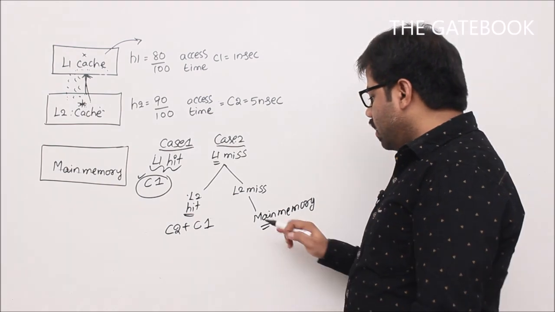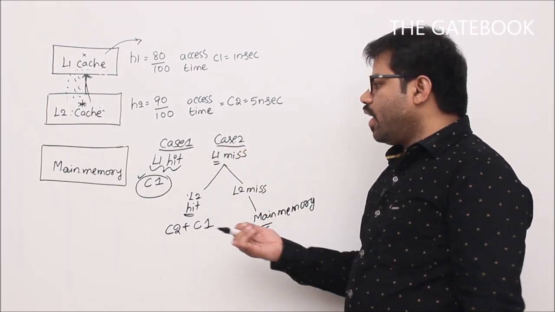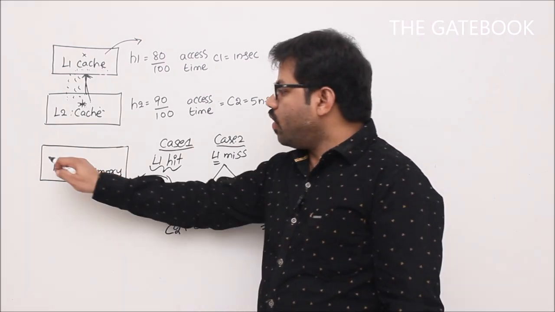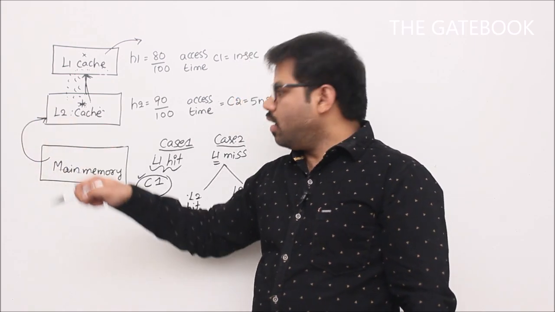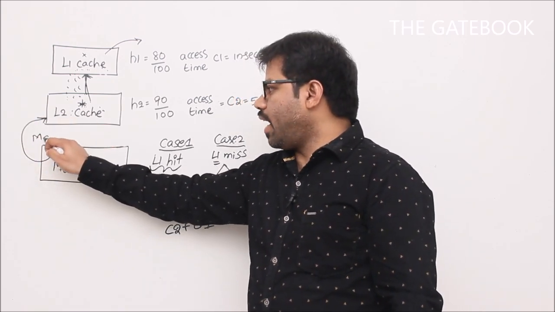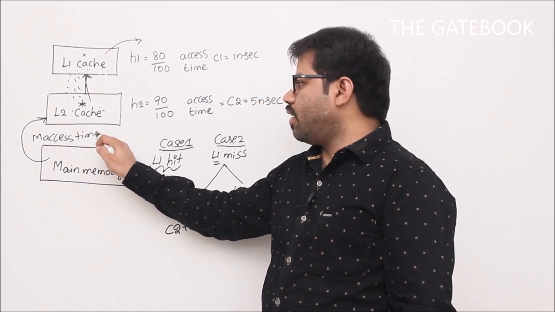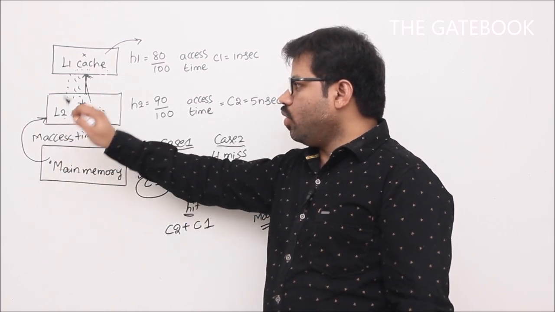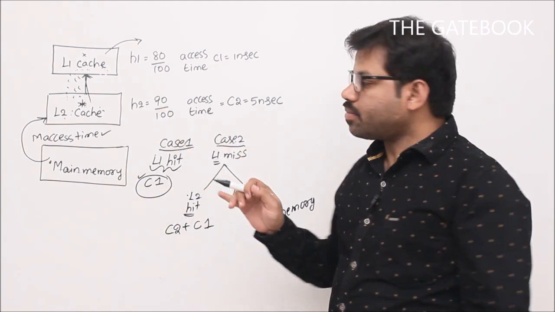Now we come to the case where L1 misses, L2 misses, and you get the data in main memory. In that case, the penalty is as follows: first transfer the data from main memory to the L2 cache. I am using the term main memory access time for transferring the data from main memory to the L2 cache; that entire thing is the main memory access time.